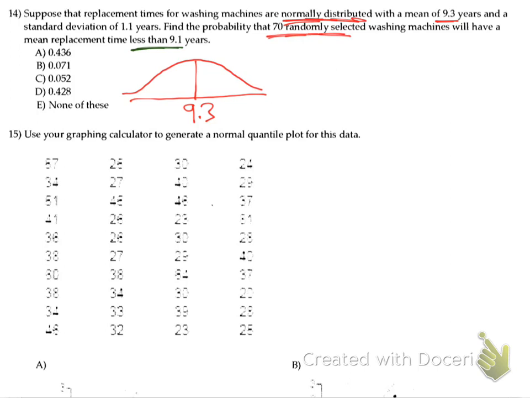So is the shading going to go to the right or to the left when it says less? To the left. Lower things are to the left. And 9.1 is like over here somewhere, and shade to the left, because less means shade to the left. Is that good? If they said greater than 9.1, then I would shade to the right of the 9.1, wouldn't I? Then is it normal CDF or inverse norm?